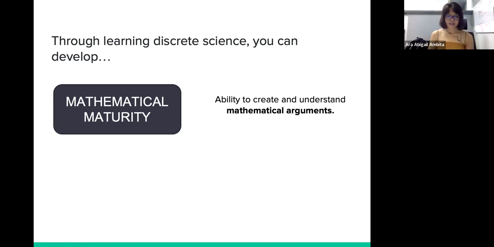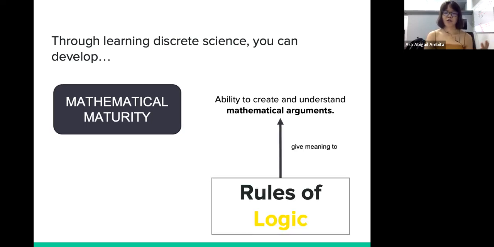Okay, and in order for us to understand the mathematics, we must understand what makes up a correct mathematical argument. So what is indeed a correct mathematical argument? The rules of logic specify the meaning of mathematical statements or mathematical arguments.